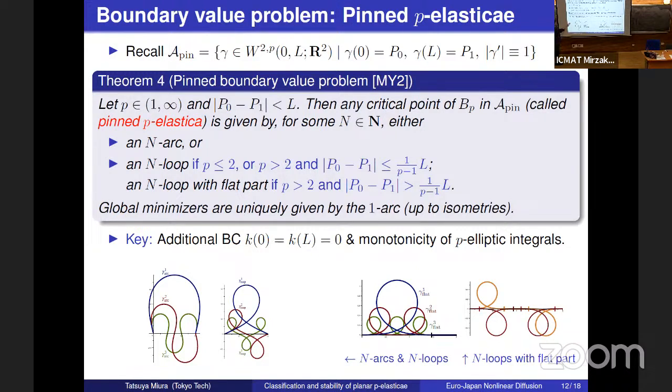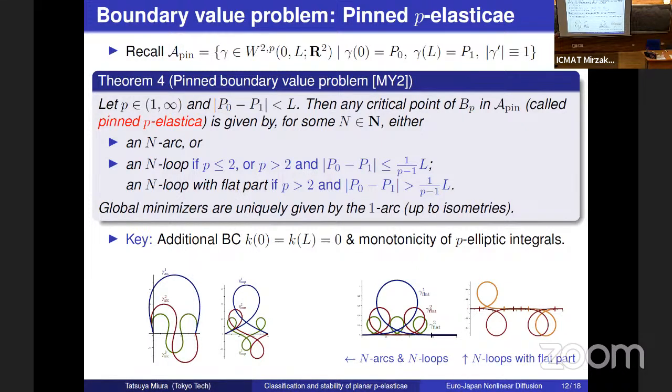In the non-degenerate regime, or even if degenerate but the endpoints are close to each other, then we have this kind of periodic loop type solutions. This is one loop, this is two loop, this is three loop, and so on. We have countably many candidates.